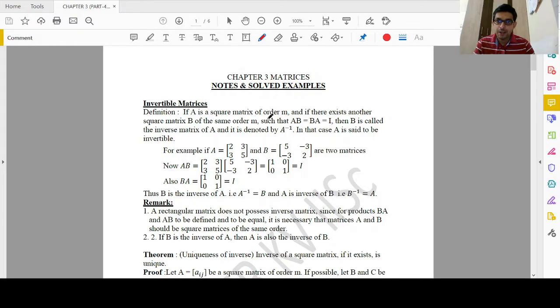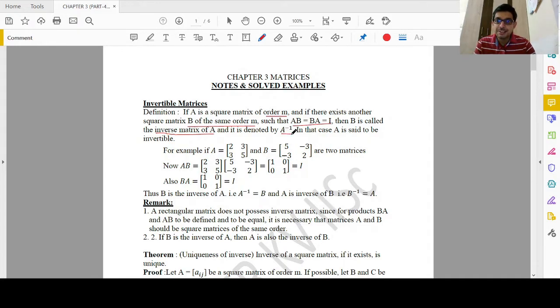If A is a square matrix of order m and if there exists another square matrix B of the same order m such that AB equal to BA equal to identity, then B is called the inverse of A. That means AB and BA are identities, then B is called the inverse matrix of A and it is denoted by A inverse.